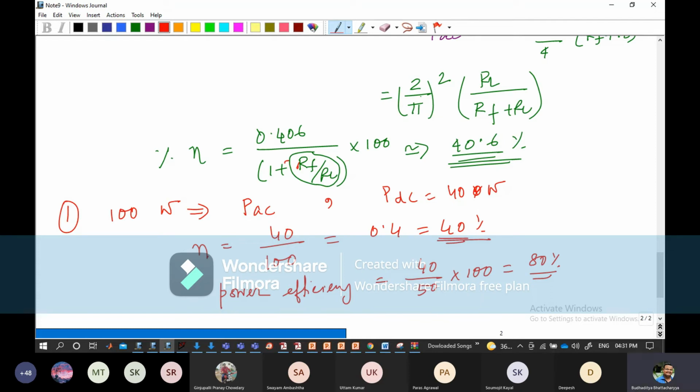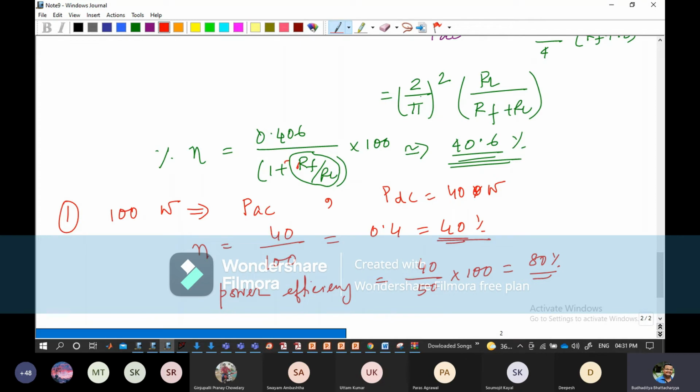So this is the idea, like for any half-wave rectification, that is the process. If you're asked to find out the total net efficiency, you might observe that it is already very low. But if you consider power efficiency, it is only working with respect to the remaining power that is there in the circuit. It's not that it's taking the 100 watt at all.